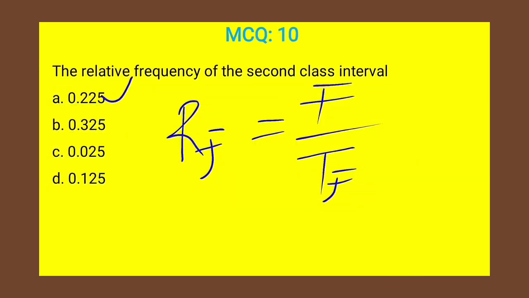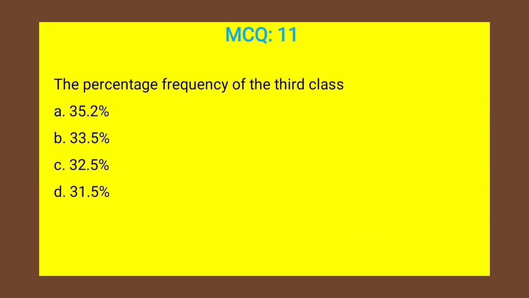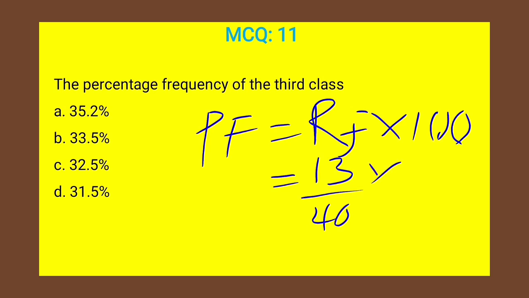So the percentage frequency is equal to the relative frequency multiplied by 100. When you take the relative frequency, 13 out of 40 for the third class, and multiply by 100, your result will be the percentage for that class.